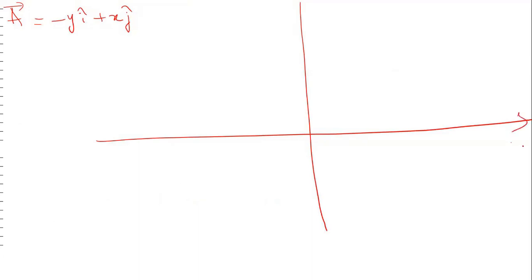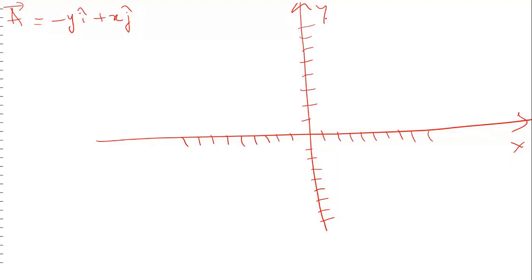Let's say this is x, this is y, and these are the grid marks 1, 2, 3, 4, 5, 6, 7, 8, 9, like this, for example.